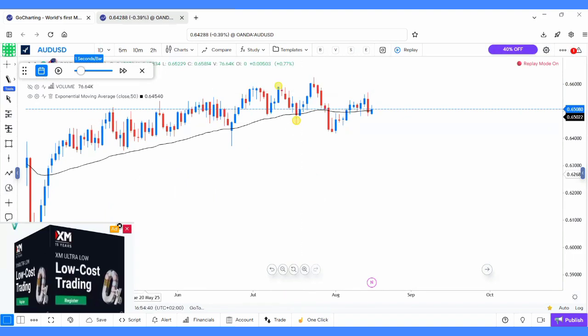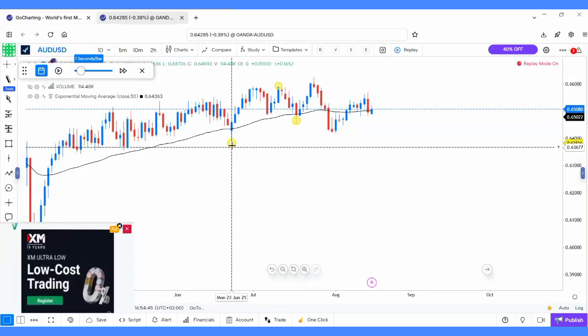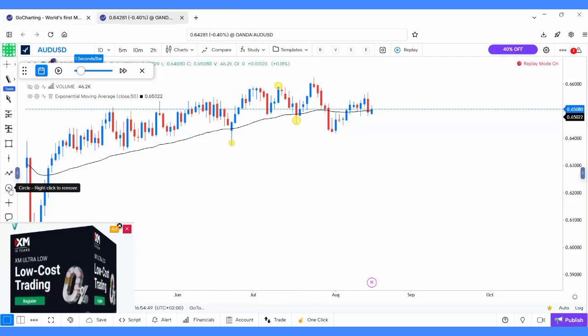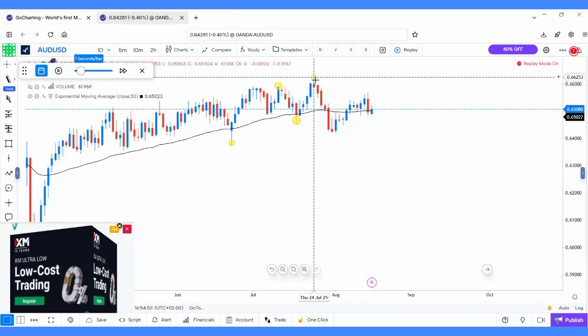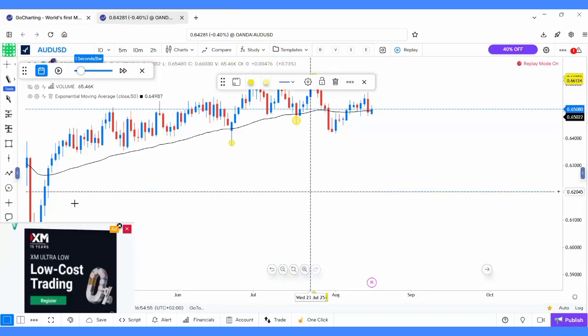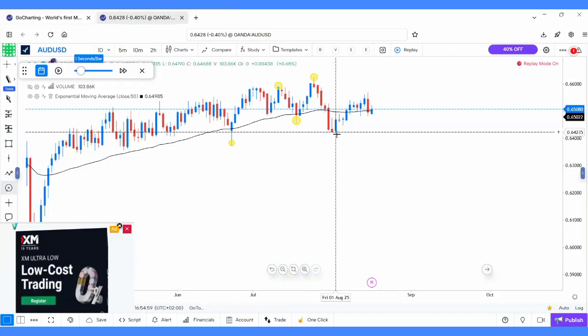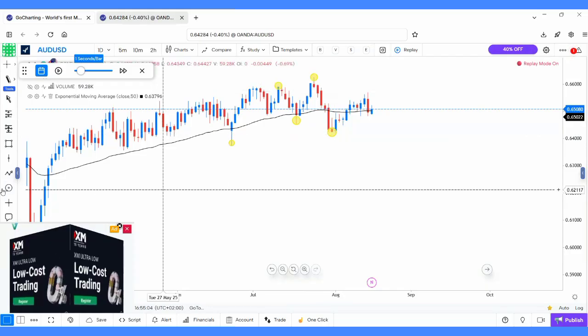If you want, you can mark this one. All right, and you mark this one. Just keep marking. You will see what it helps with. You just see everything clearly, and it's easy for you to even spot the area of interest.